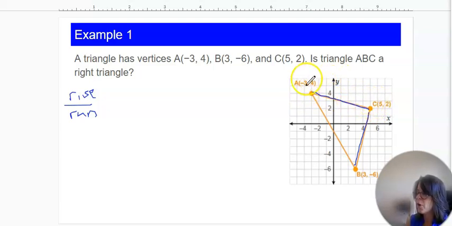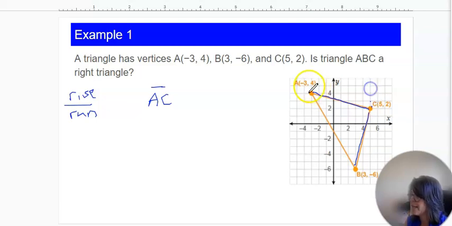So to find the slope of the line AC, we're just going to count rise over run. We'll start here, and I go up 2 to get even with that other side that I'm heading for. All right, so that's my top number.